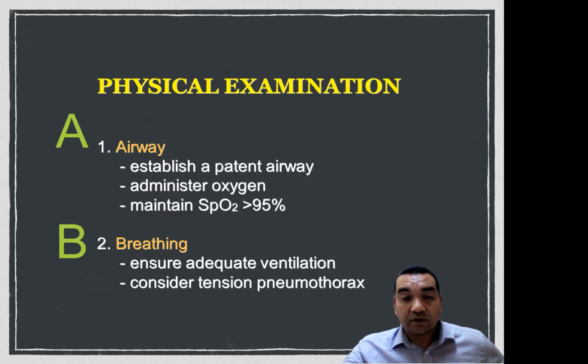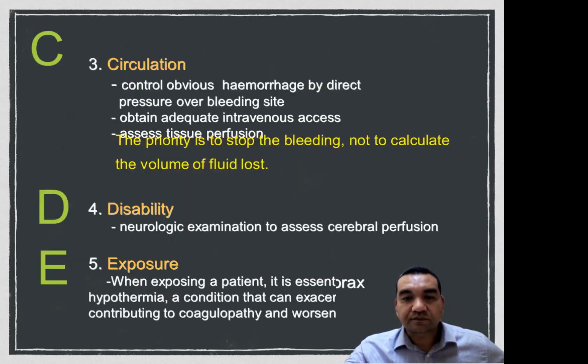Then you check for breathing. While assessing the breathing, you can also check for tension pneumothorax, because it is a clinical diagnosis. You can detect it early and relieve it very fast. So you really need to be vigilant in assessing the patient by doing physical examination.